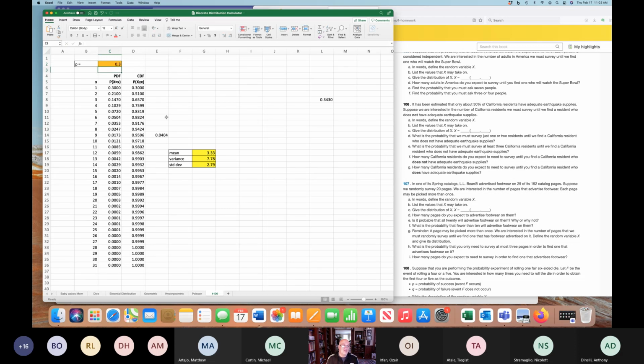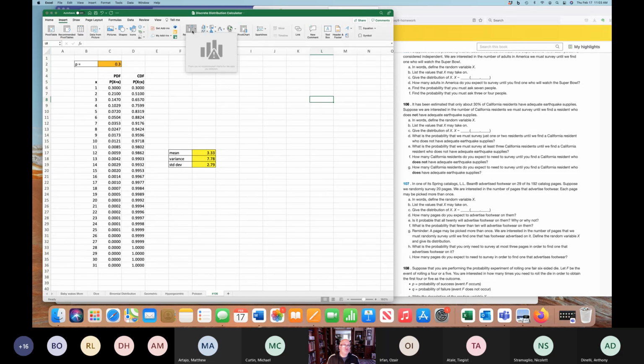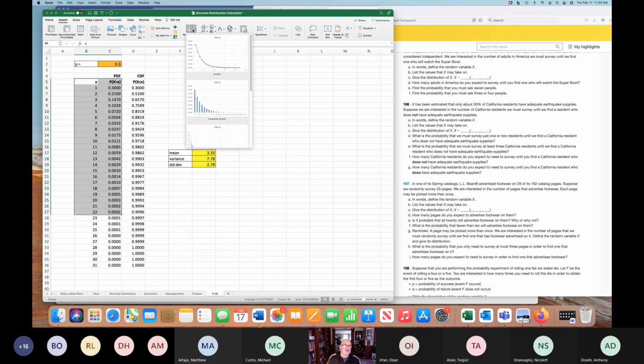Do I want to look at a picture? I want to get rid of all these extra things that don't mean anything, and let's insert a graph. I have to highlight what I want it to graph, or it's not going to graph anything. I don't have to graph it all the way to 30. Let's graph it to 22. Insert recommended chart.